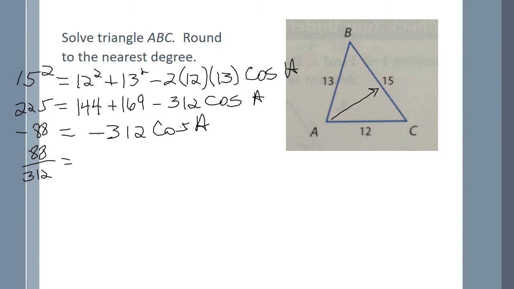Negative divided by negative is positive, equals the cosine of A. Well, we're going to take the inverse of the cosine. We're going to switch those around. We can switch these two by going to A and using the inverse cosine.